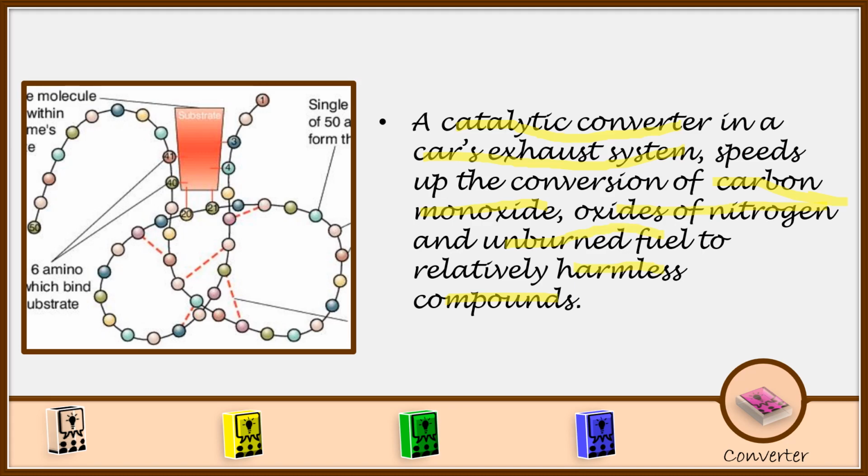We have other types of catalysts found in vehicles, such as catalytic converters in exhaust systems. These speed up the conversion of carbon monoxide, oxides of nitrogen, and unburnt fuels into products which are less harmful or harmless.